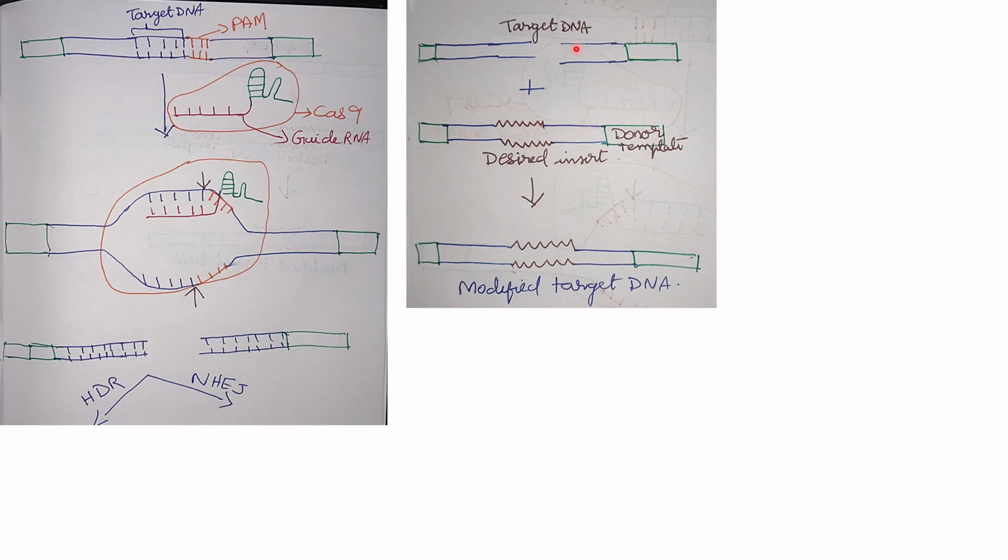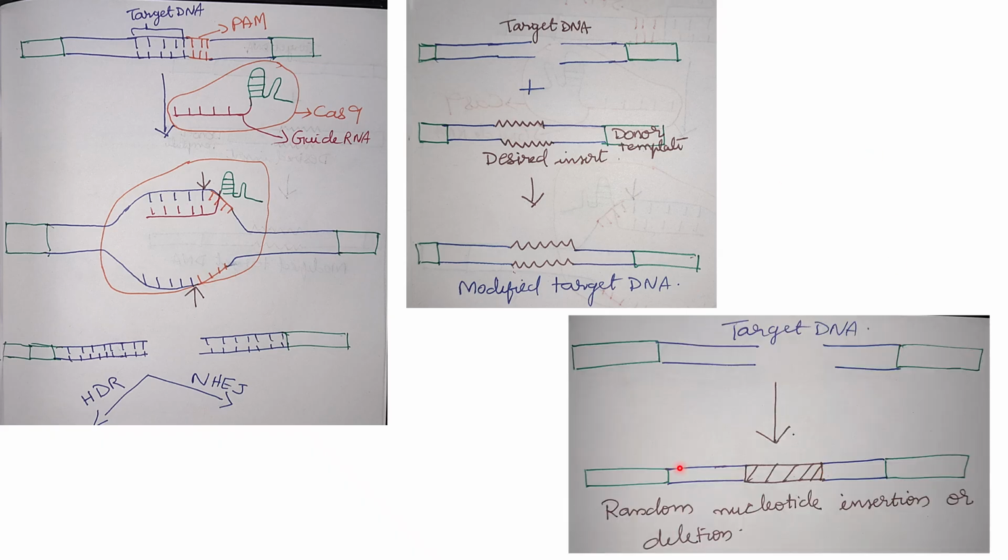So this region will form homology pairing with the donor template. Your desired insert, whatever you want, will be introduced into this target DNA. So that is the modified target DNA that you get by homology directed repair.